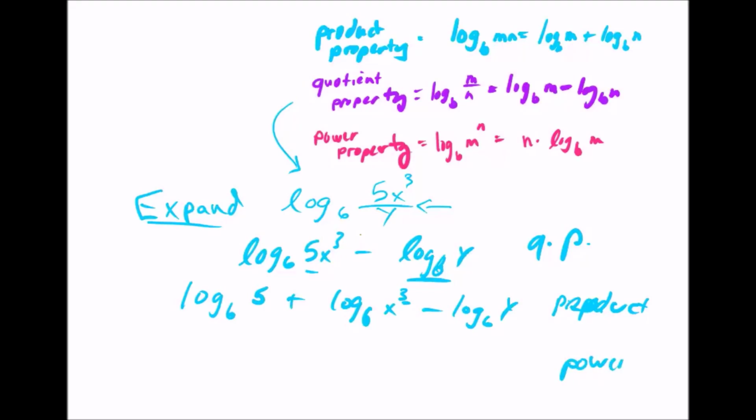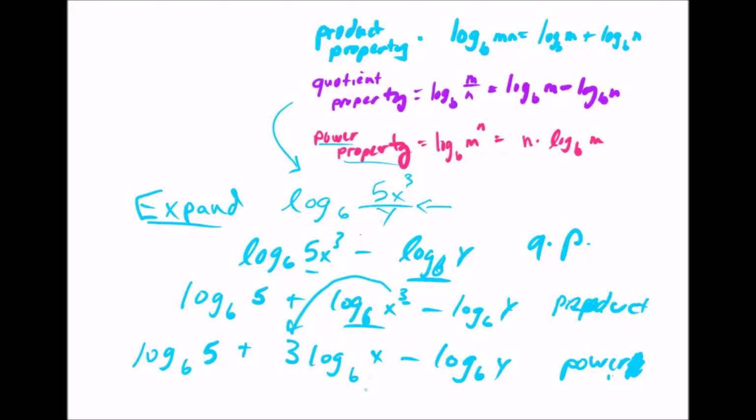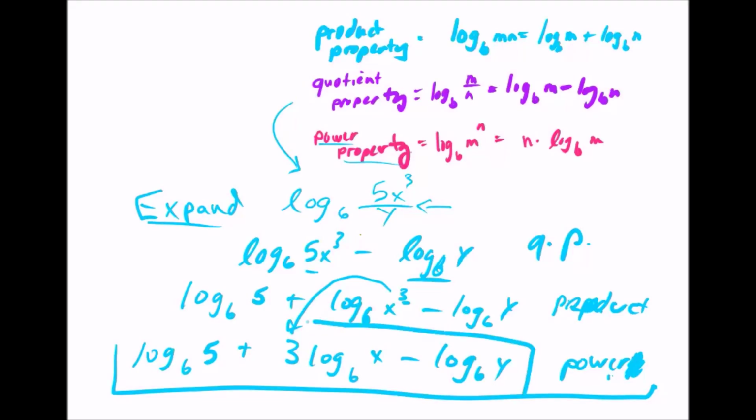So we use the last one, the power property, to break this one up. We have log base 6 of 5 plus 3 log base 6 of x minus log base 6 of y, because for the power property, you bring the 3 out front, and this is your answer. If it says expand, you need to go through the steps and break it down so there's only one thing in each place.